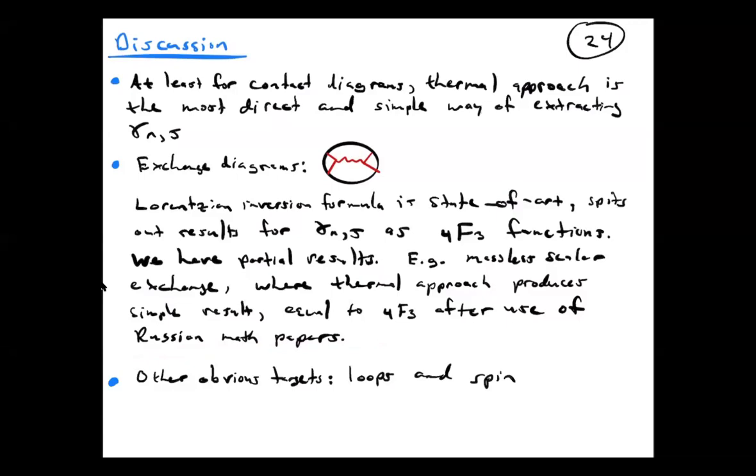So underneath the hood there are a lot of interesting mathematical identities that could be rooted out if one organized this. I think there is something powerful there. But we don't have a story for the general exchange diagram at tree level; hopefully that will exist, but it remains to be seen.